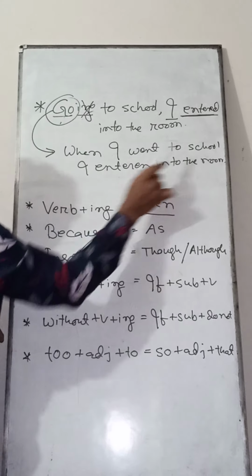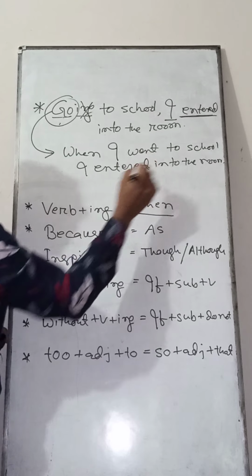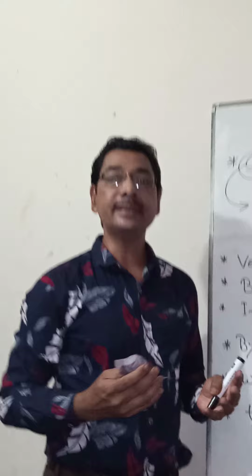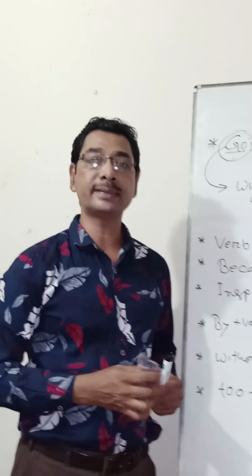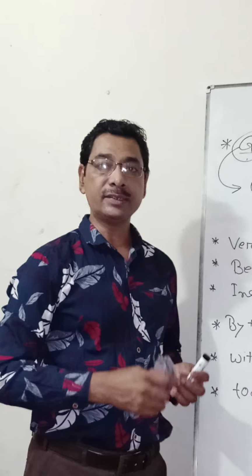When I went to school, I entered into the room. Again, verb plus ing is a simple sentence. To transform it to complex, you add when, then write the subject, then the past form of the verb, and withdraw ing. This is a very simple and easy rule, but you have to memorize it and work hard over these rules.